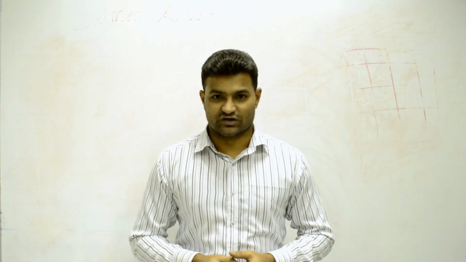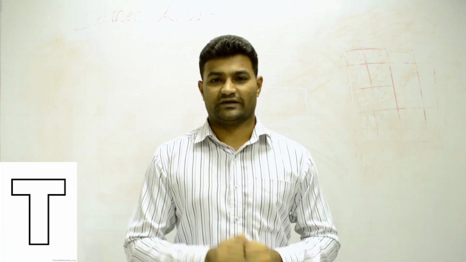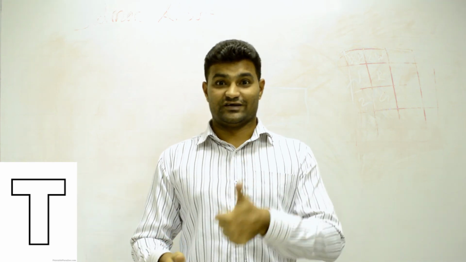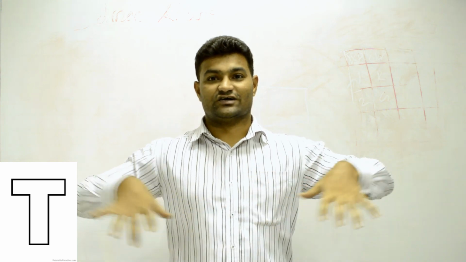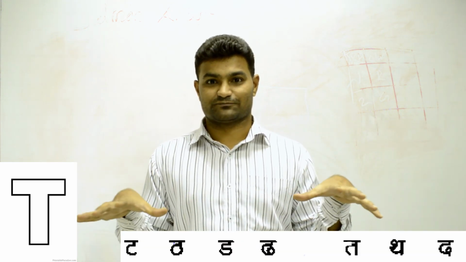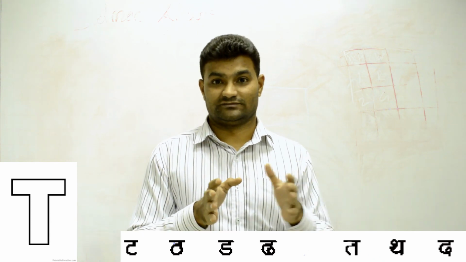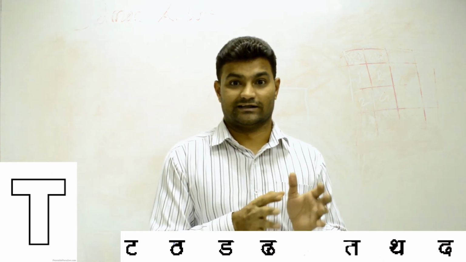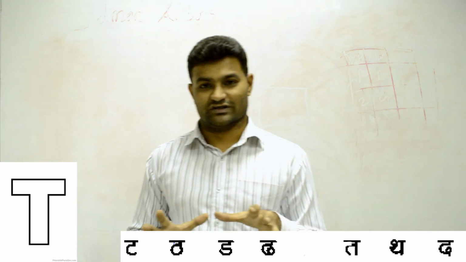Let's see the next word: "th." The "th" sound is very complicated for them. It's complicated for us too, because we have a huge chain of sounds in our alphabets, like ta, tha, and so on.